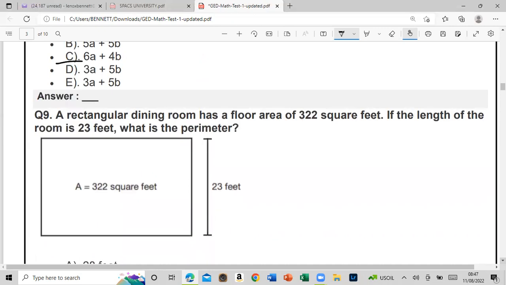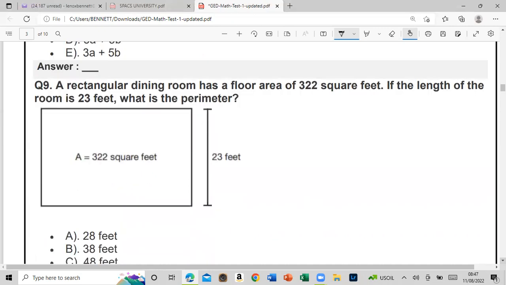A rectangular dining room has a floor area of 322 square feet. If the length of the room is 23 feet, what is the perimeter? So it's a rectangle. Alright, the first thing you have to do is divide 322 by 23, because we want to find out what times 23 gives you this, and that's length times width, right?